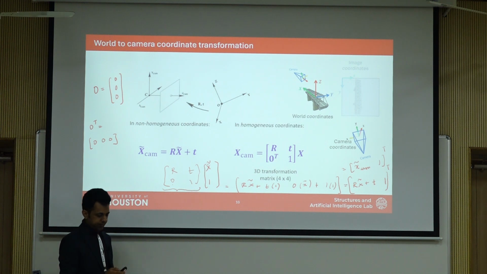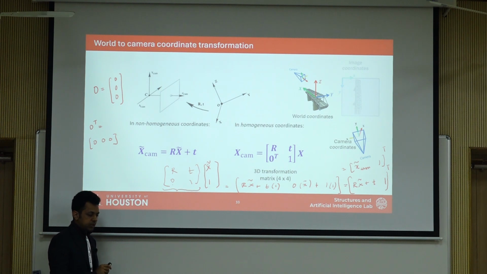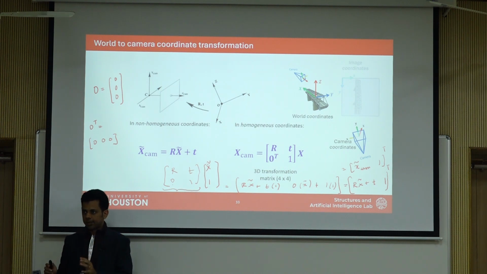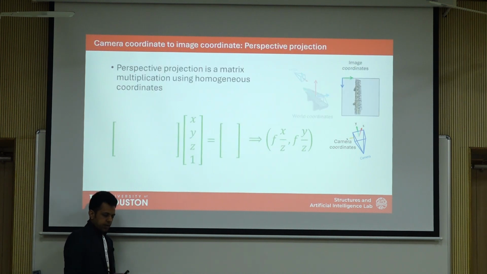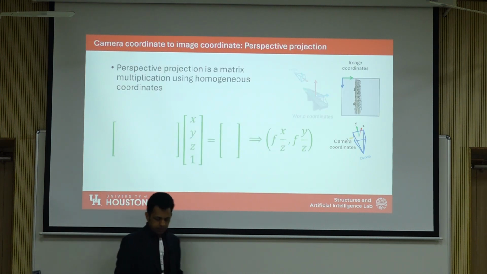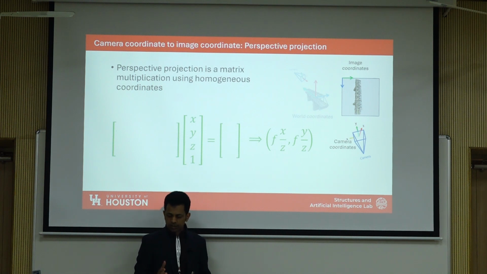Okay. So this allows us to translate between the world coordinate system and the camera coordinate system. Now, to reach our image, we need to then translate the points from the camera coordinate system to image coordinates, right?